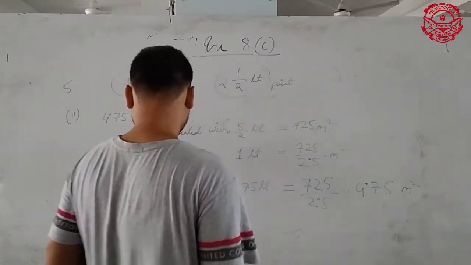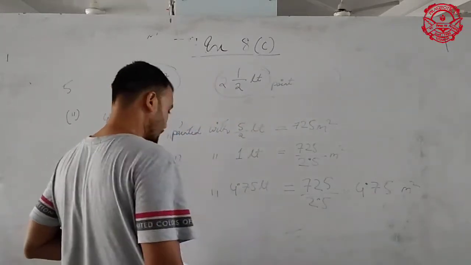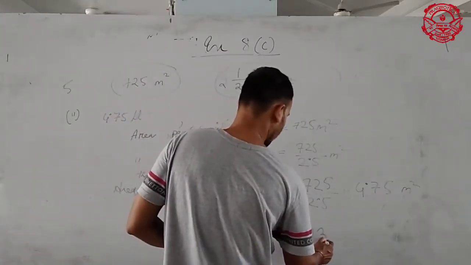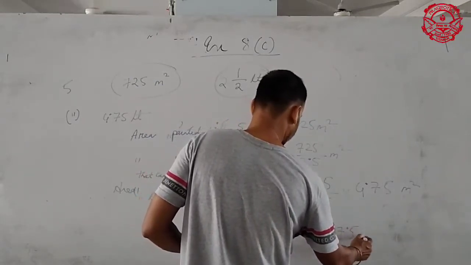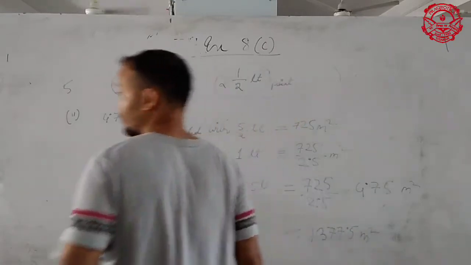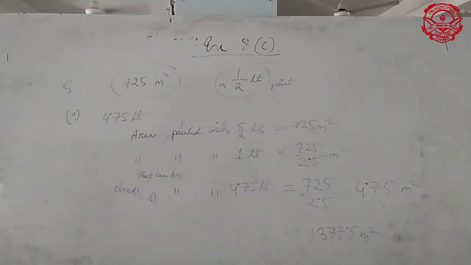Fine. The answer will be 1377.5 meters square. This is the answer given in your book. Okay. The answer will be 1377.5 square meter. Fine.